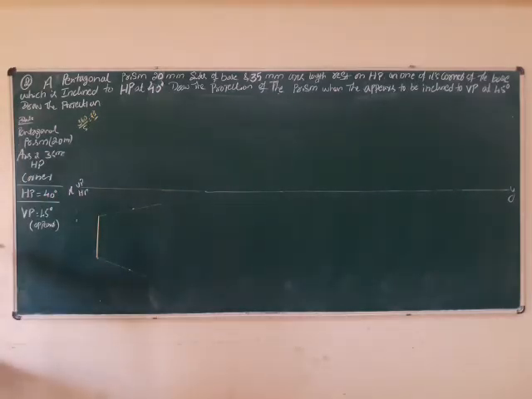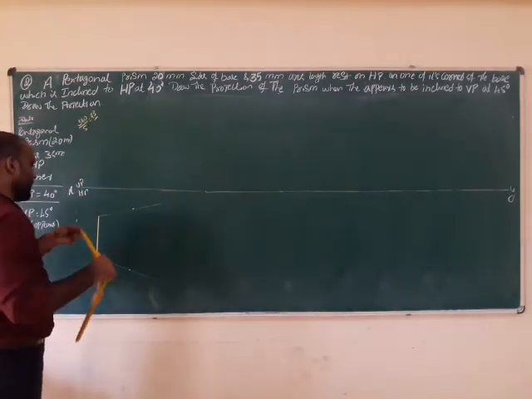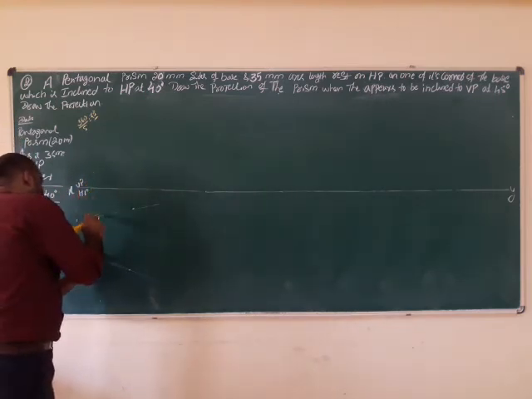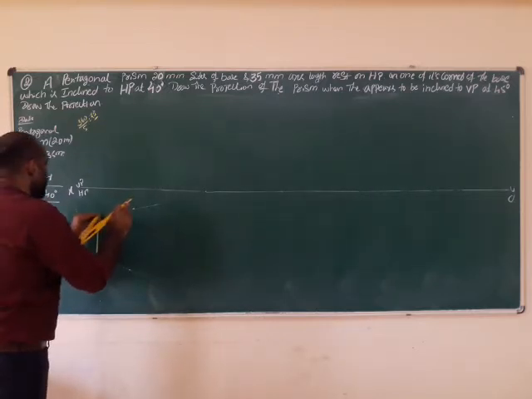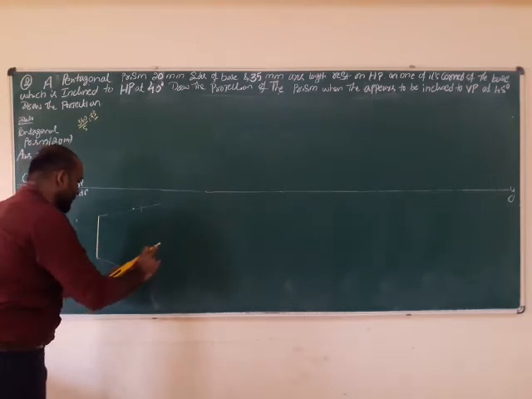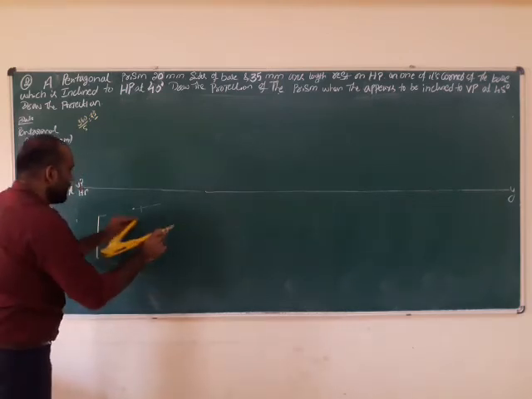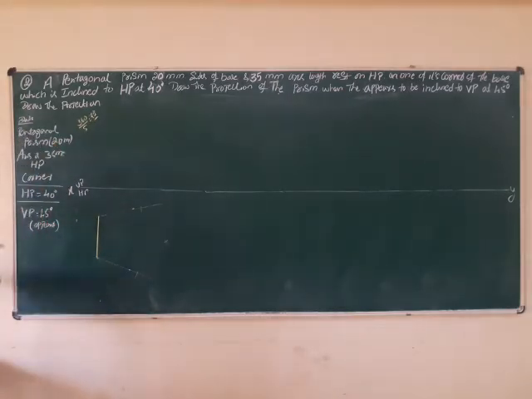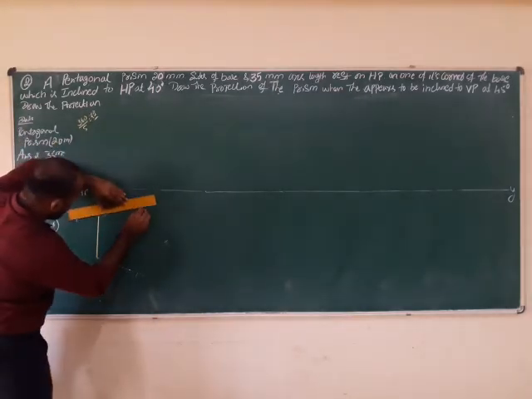But in the problem, you have to draw the pentagon with respect to a corner. You have to measure the height as 20. From this side you have to draw a 20 arc. From this point it is 20, from this point it is 20. Join with thick lines.